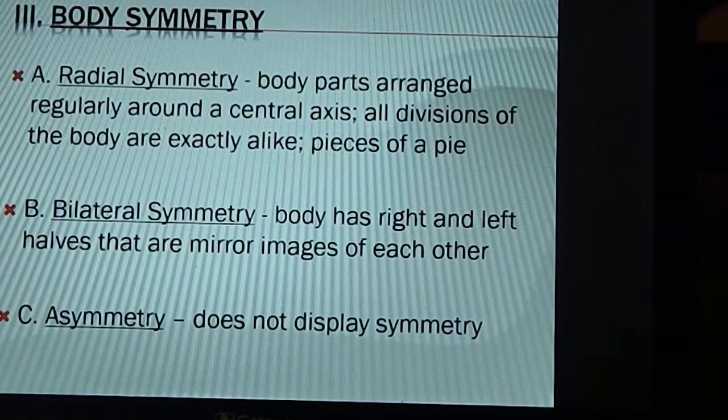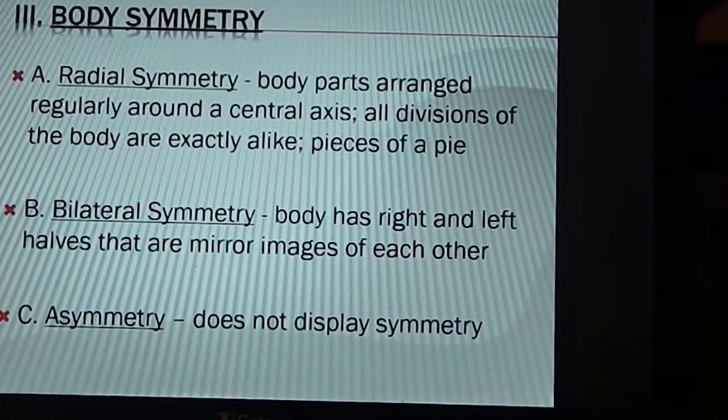Then there's body symmetry. Body symmetry is sort of an artistic term, right? But it also refers to how the body can be divided into equal parts. So if an animal cannot be divided into equal parts, then we use the term asymmetry. A means not, so they're not symmetrical.